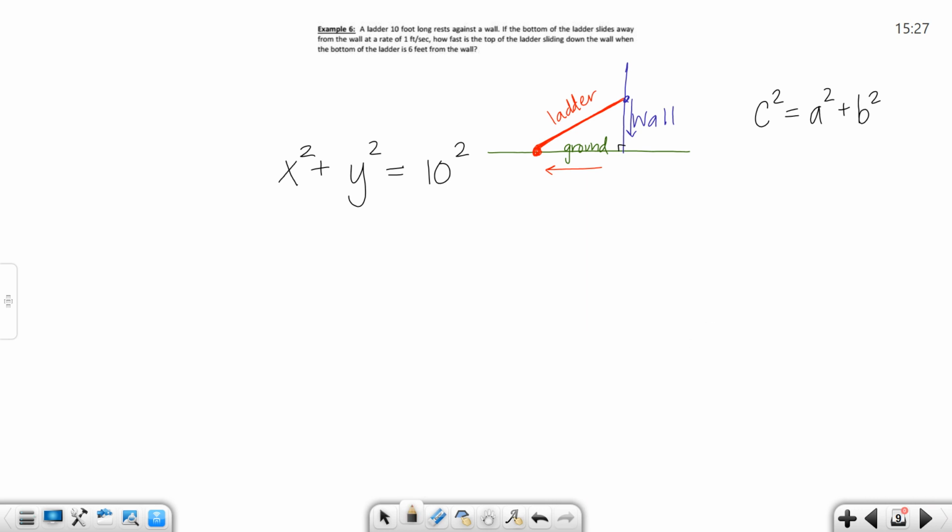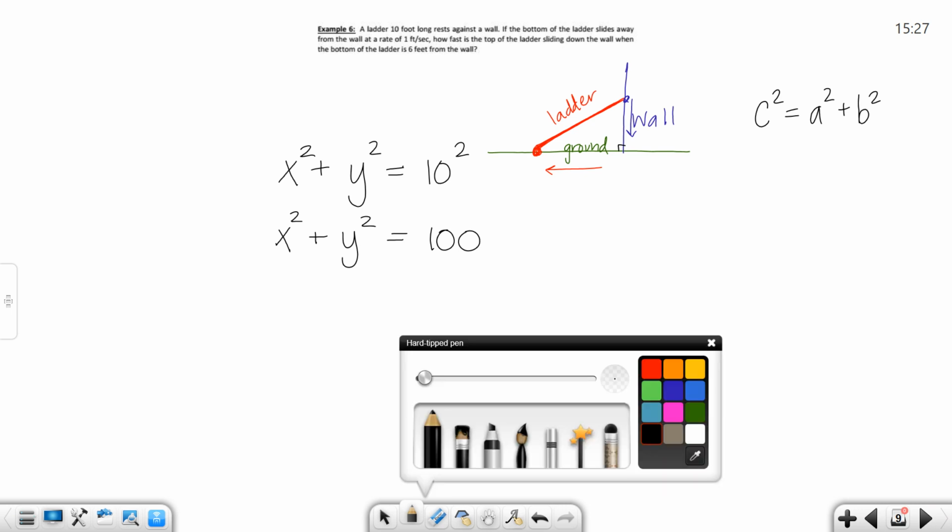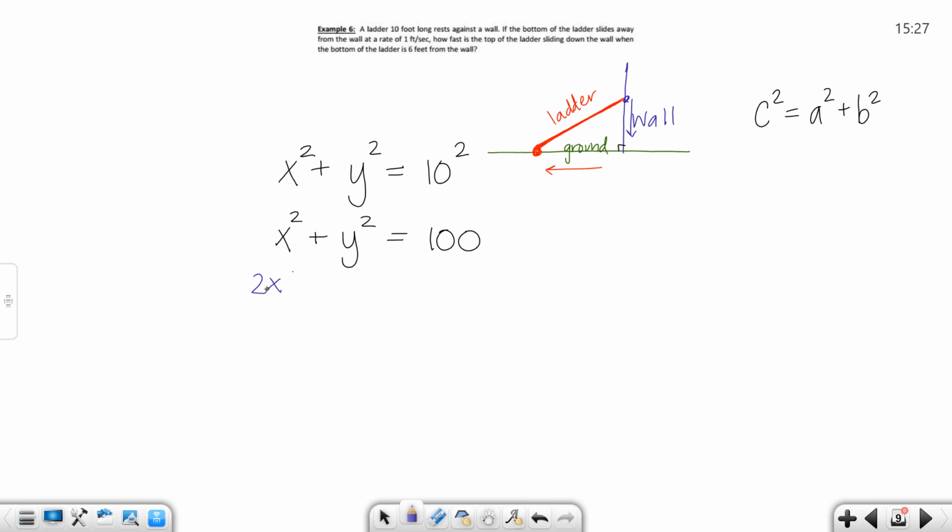Let's go ahead and simplify it just a minute. x squared plus y squared would equal 100. Now that's what I want to take the derivative of, so that should be really easy to do. This would be 2x dx/dt plus 2y dy/dt, and the derivative of 100 is 0.